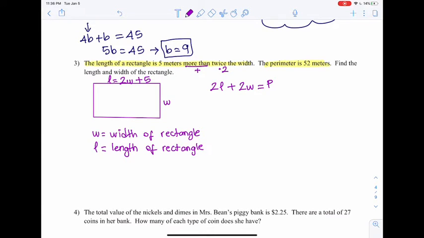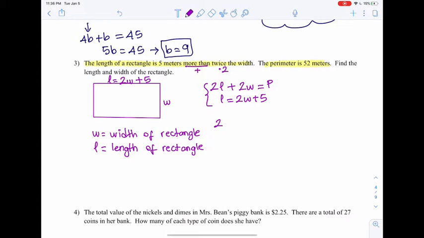And we are also given that L is 2W plus 5. So we created our system. The best method here would probably be substitution since L is already isolated. Let's plug in 2W plus 5 for L.